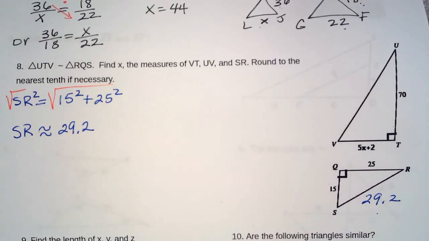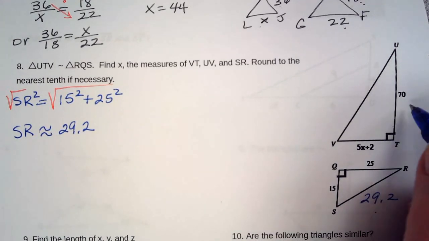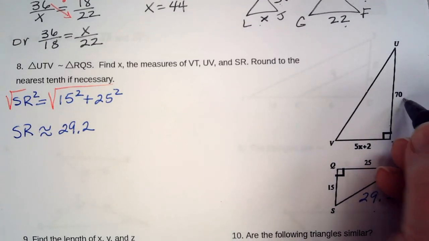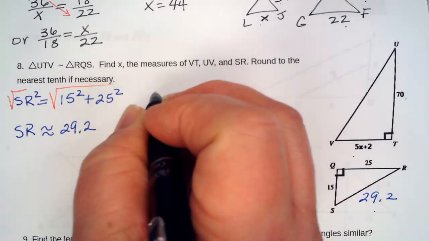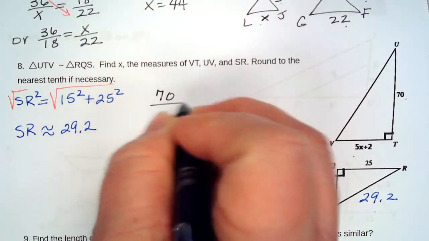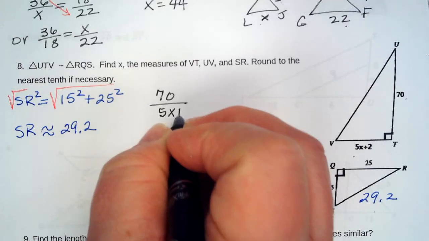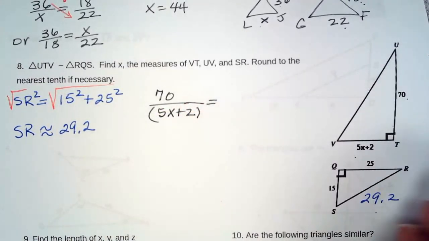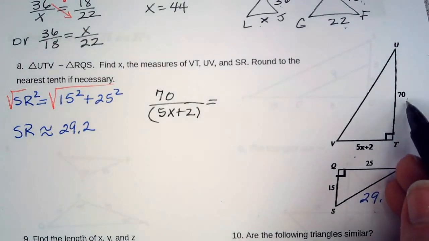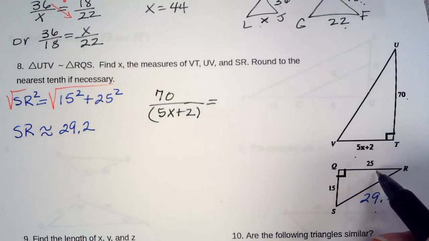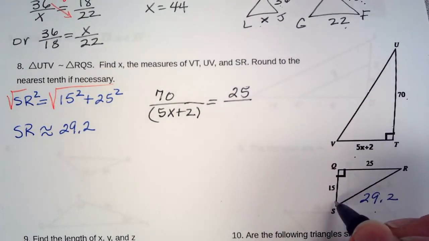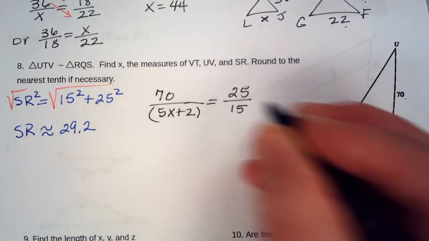If we're looking at corresponding parts of the triangle, we've got 70 over 5x plus 2, and that will be equal to, your long side is 70, the long side here is 25, over the short side, which is 15.